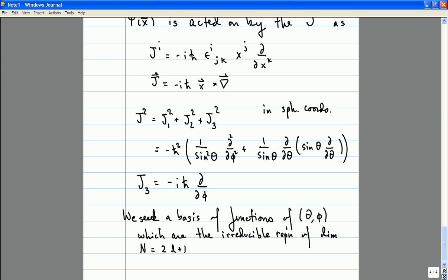Okay. I'm using L here instead of S or J because, as we noted earlier, when talking about orbital angular momentum, conventionally people use the symbol L instead of S or J. Okay.